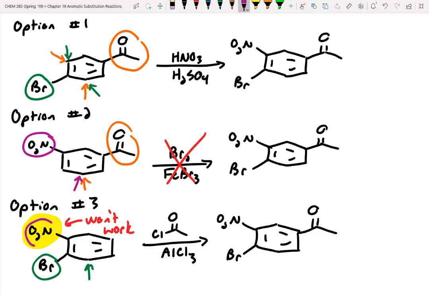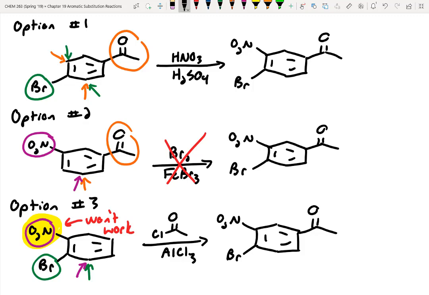And then we also said that the nitro group could favor that position too. So not only will it not work because there's a nitro group on there, but we might end up with a bit of a mixture. So I'd say option 1 is going to be our best approach. Make sense?